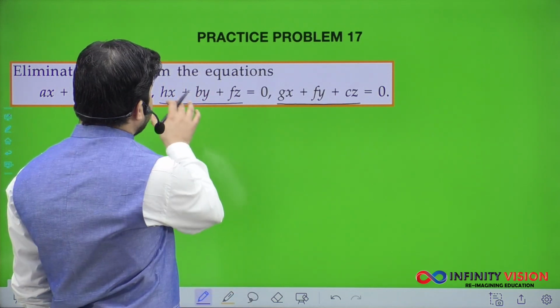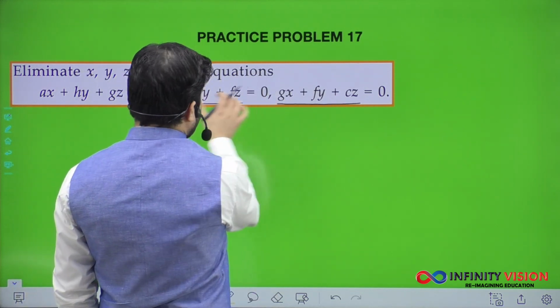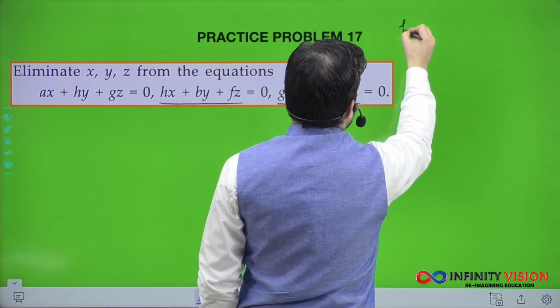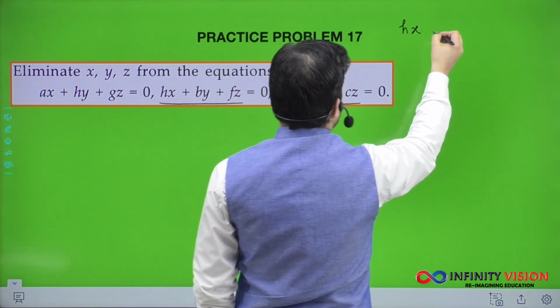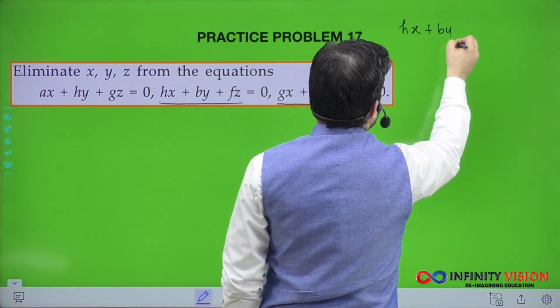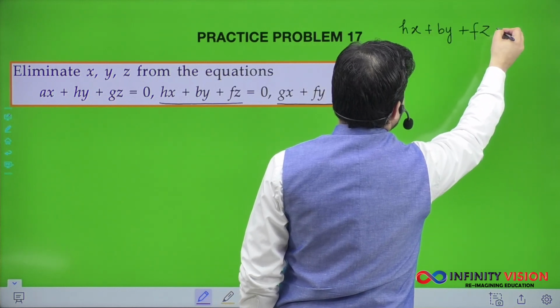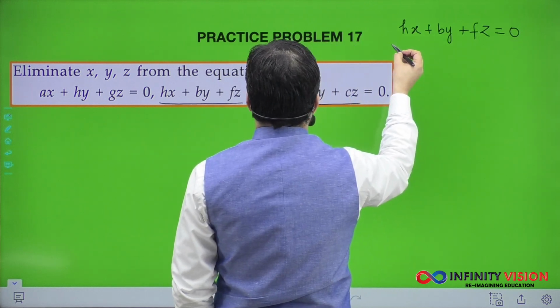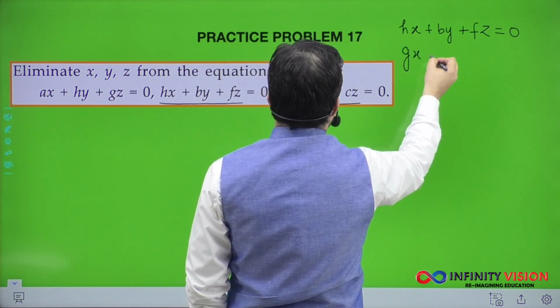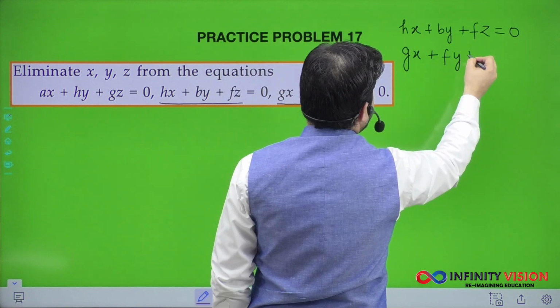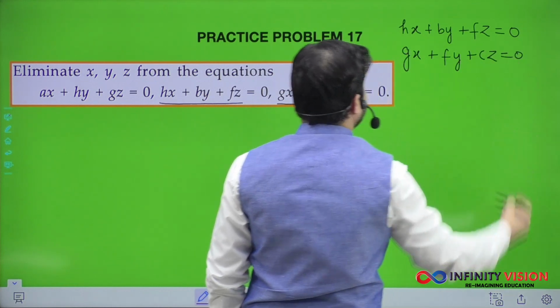So let's begin. I'm just going to write in the right order. The first term is going to be hx, the second term is going to be by, and the third term is going to be fz equals 0. And the second equation is gx plus fy plus cz equals to 0.